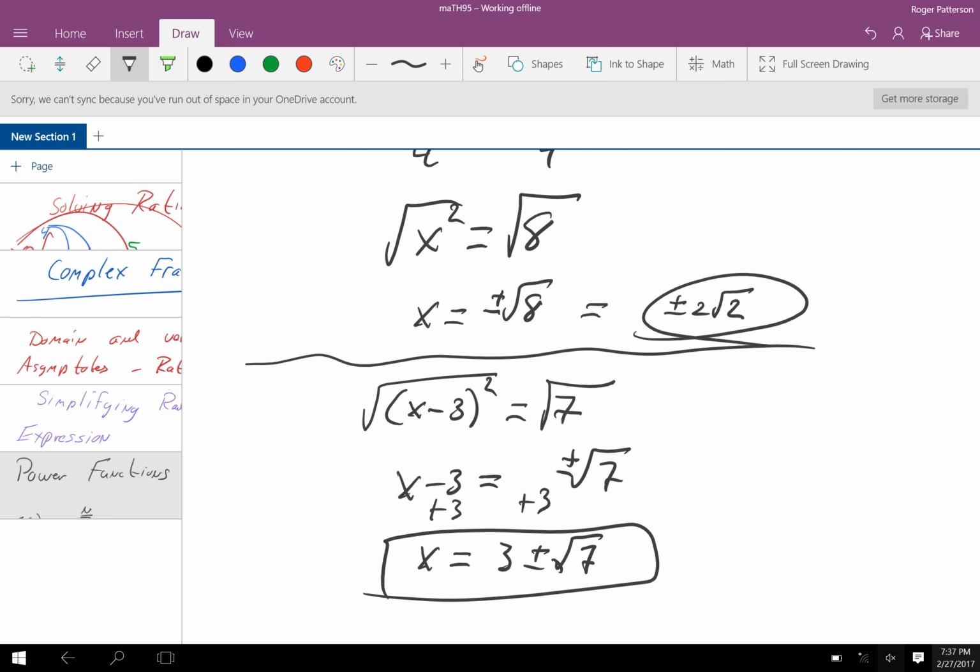You could do that, but then it's not going to factor. You'd have to use the quadratic formula, which we don't expect you to know. But when it's like this, it's just as easy to square root it. You wouldn't go wrong by using the quadratic formula. It'd just take a little longer.